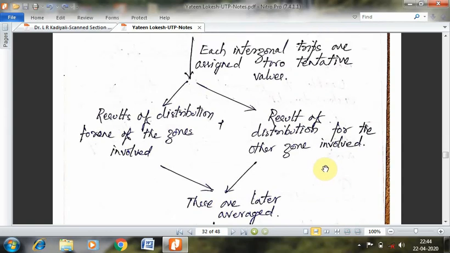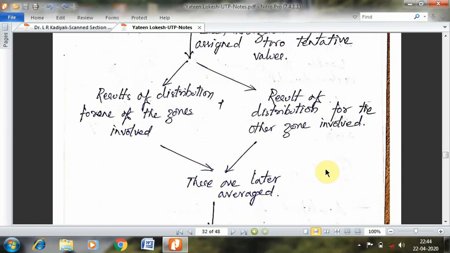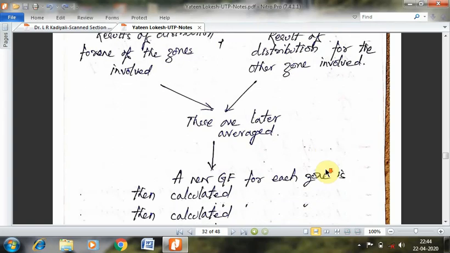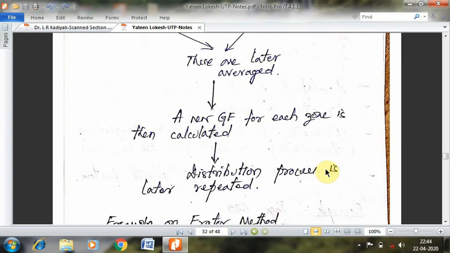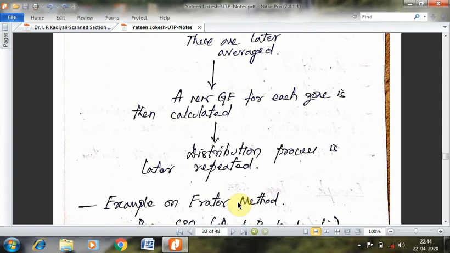After attaining these two tentative values, these are later averaged and a new growth factor for each zone will be calculated. Once the new growth factors are calculated, the distribution process is repeated, and the iteration can be continued if you want to have a better accuracy in growth factor.